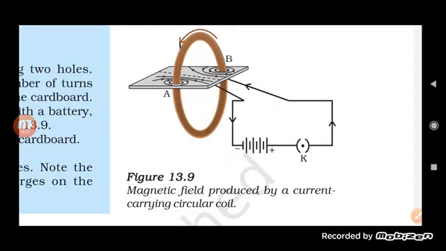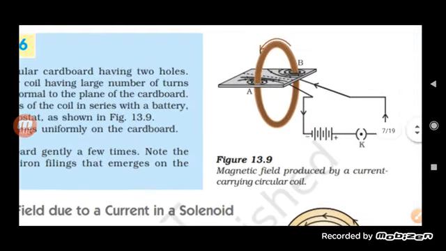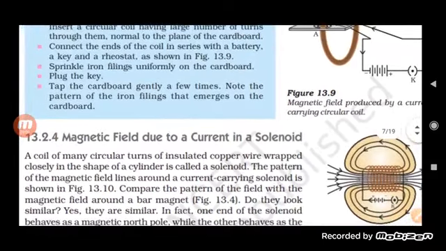This pattern tells us that the circular loop is producing a magnetic field around it, and just because of that the iron filings have arranged themselves in this way. So there is a formation of concentric circles, which helps us study that a magnetic field is produced due to the circular coil. Now let us see what kind of magnetic field is produced due to the current which flows in a solenoid.